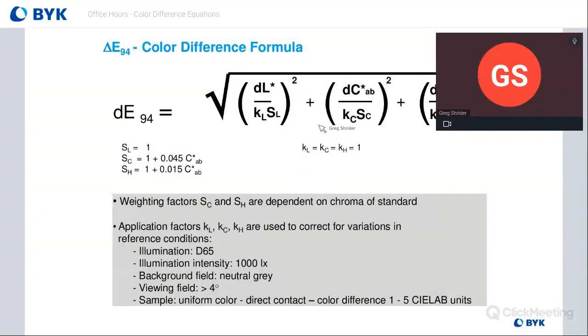So your weighting factors are your sub C and sub H for chroma and hue weighting factors, and those are dependent upon the standard. So when you're doing color difference, everything gets calculated from the standard in this case, and your application factors are for lightness, chroma, and hue. So unlike CMC, where we couldn't do all three variables, now we can do all three variables and set accordingly.